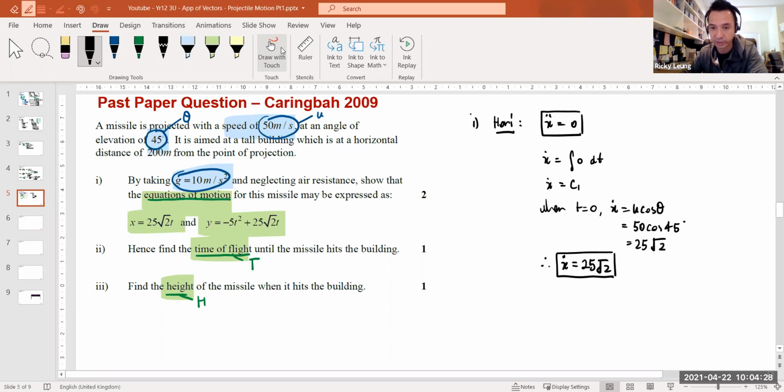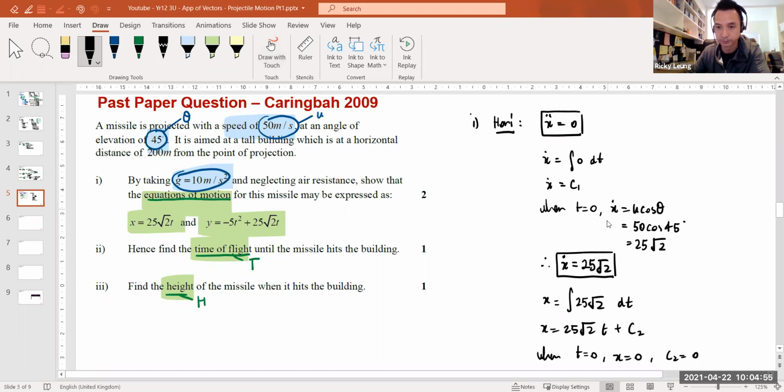So let's power through this. So integrate that constant for displacement, which is exactly, you can see it there, right? I just hacked on a t. So therefore x equals 25 root 2, because it's constant, hack on a t plus constant C2. When t equals 0, because it tells you it starts off, I'm assuming it starts off on the ground, so when t equals 0, x equals 0, pretty easy. C2 is 0, right?